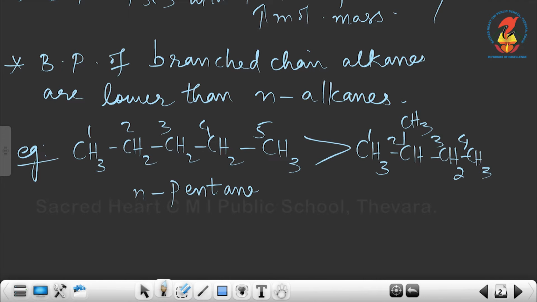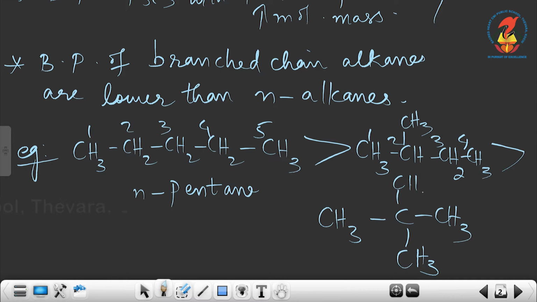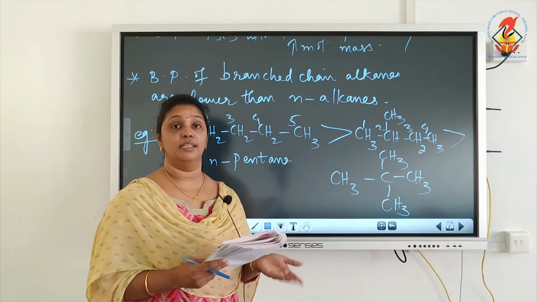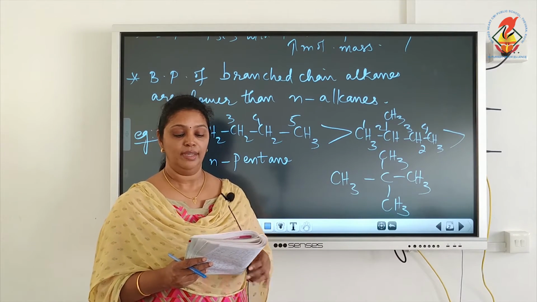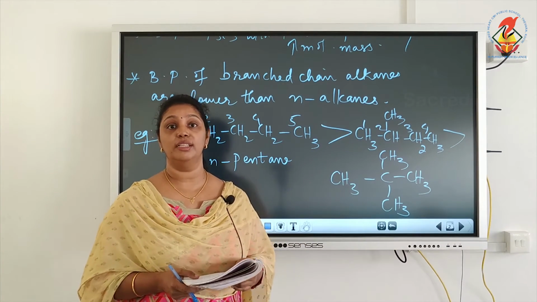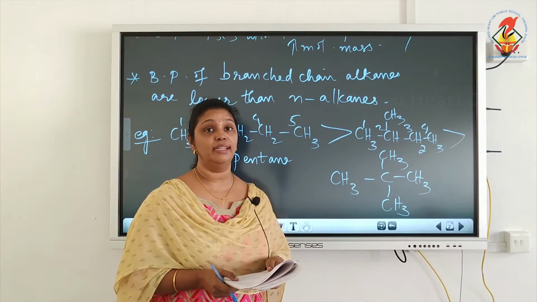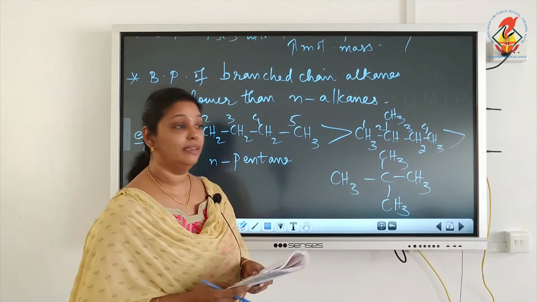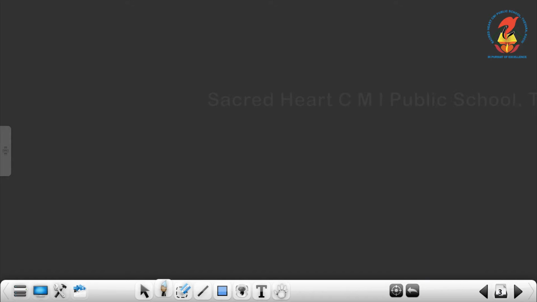You can see there is one branch in this. Now, the boiling point of this compound will be greater than CH3-C(CH3)2-CH3, which is a compound with 2 branches. So, as branching increases, the boiling point decreases. Greater the branching, lower will be the boiling point. These are the 2 important points to be noted in boiling point. Now, the third physical property is melting point.